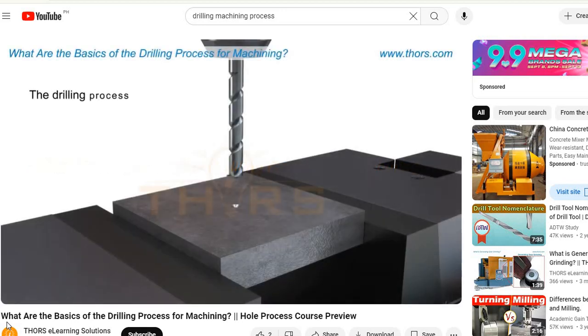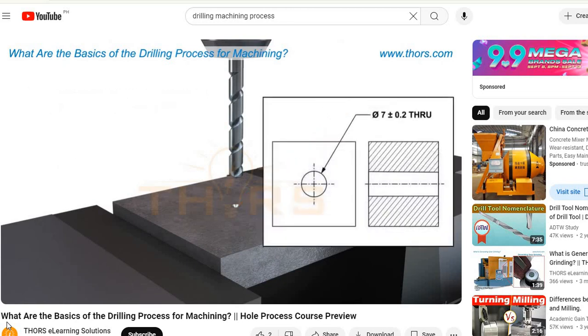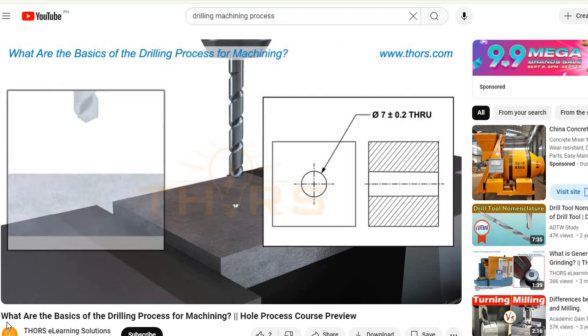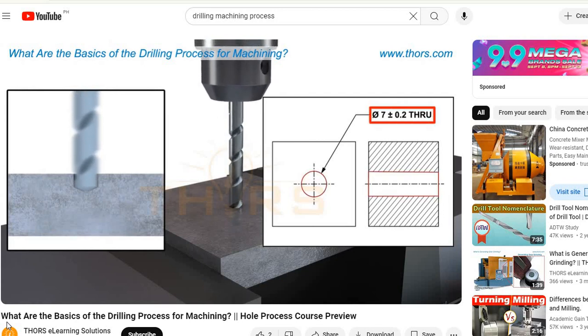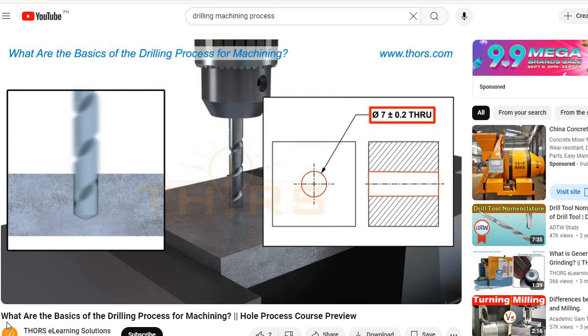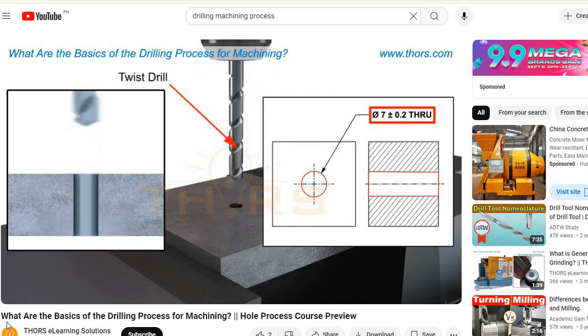The drilling process typically starts with a spot or starter hole. Then, the engineering drawing is consulted to identify the size of the hole to be drilled. In this example, the hole is specified as a through hole that is 7 millimeters in diameter. The tool used to drill this through hole is a twist drill of the required diameter.